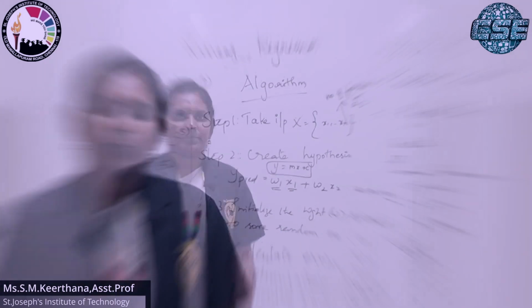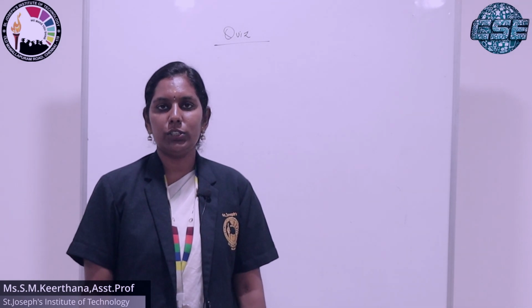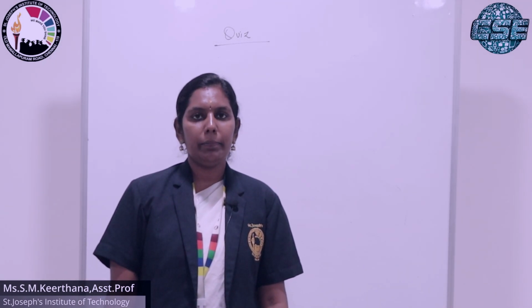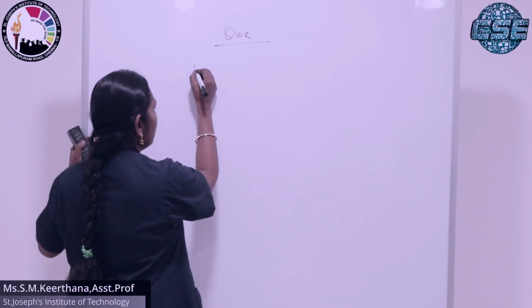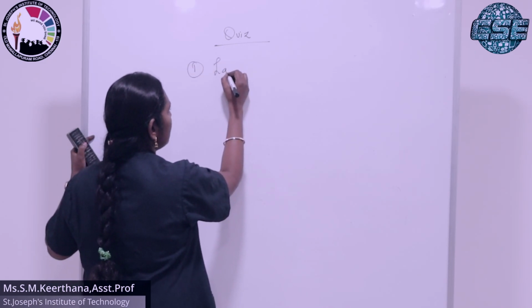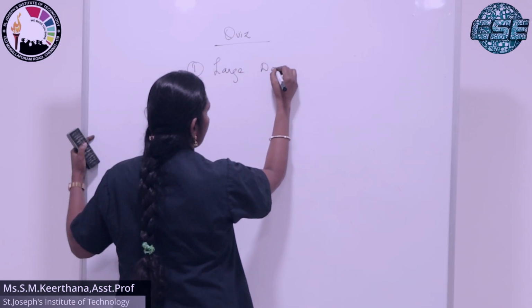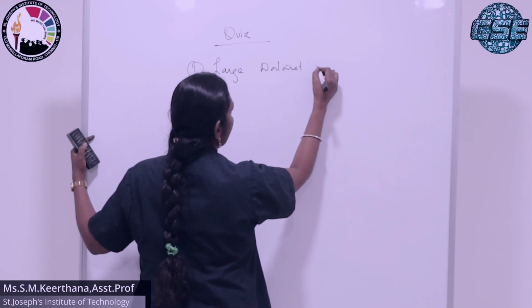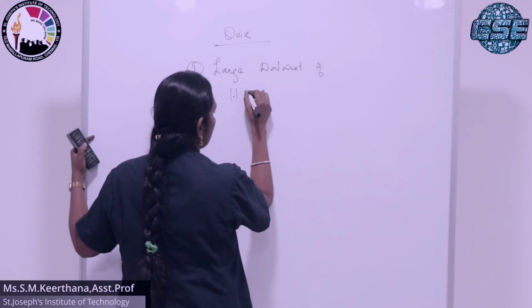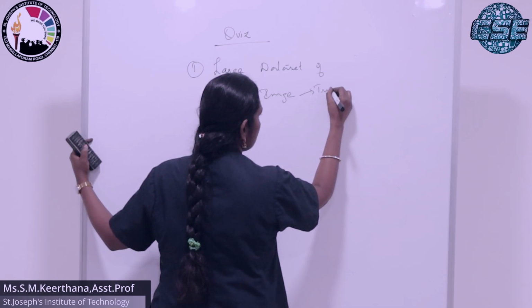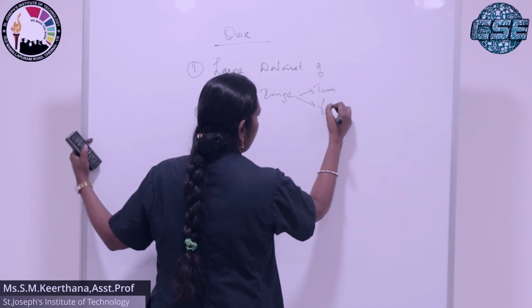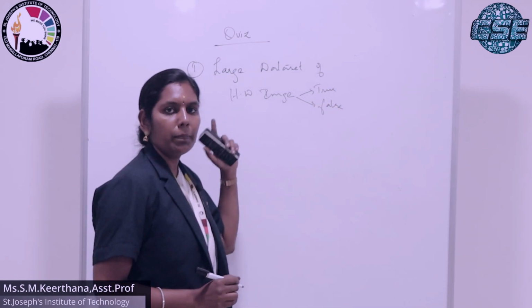Now I will give a few questions, and try to answer what will be the correct learning approach for these questions. First one: you are given a large data set of handwritten images and asked to identify which is a true image and which is a false image. What type of learning approach is this?